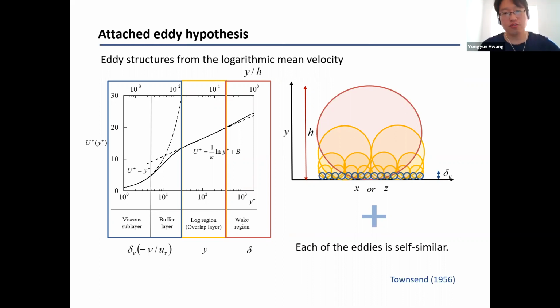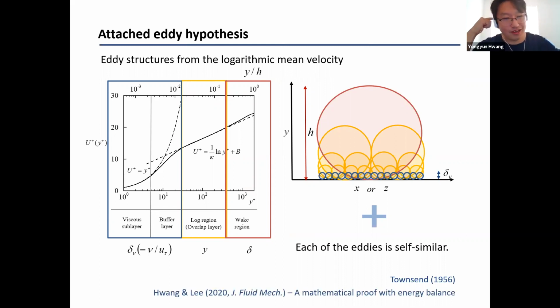Instead, I just give you this explanation about the general eddy structures, and that was his hypothesis. During lockdown, I had a simple idea, and I managed to prove this hypothesis mathematically in terms of energy balance. So if you are curious about this, just check out this paper.